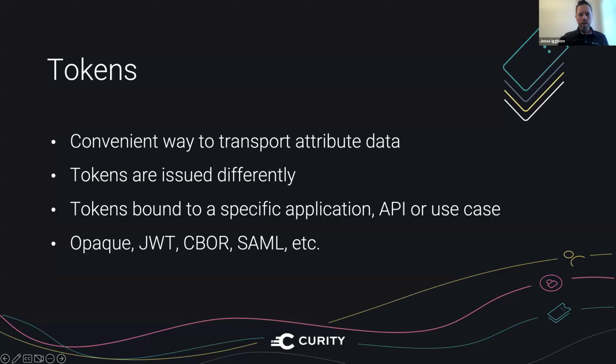The next token that everyone's usually familiar with is a JSON Web Token, or JWT for short, which is what we typically see holds a lot of this data and information, and can be very powerful because it can be self-contained, and it can be verified without calling the authorization server that issued the token, for example.